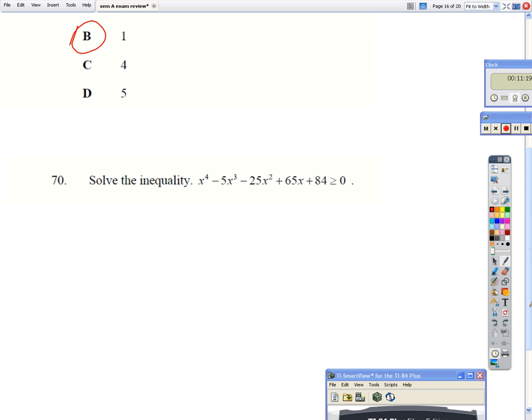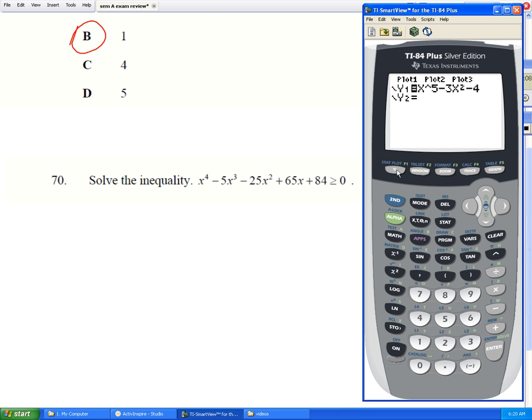Okay, so to solve the inequality, I first need to factor and find all the zeros. I'm going to use my calculator. And if I can see 4 zeros in my calculator, then I know I have all of them.